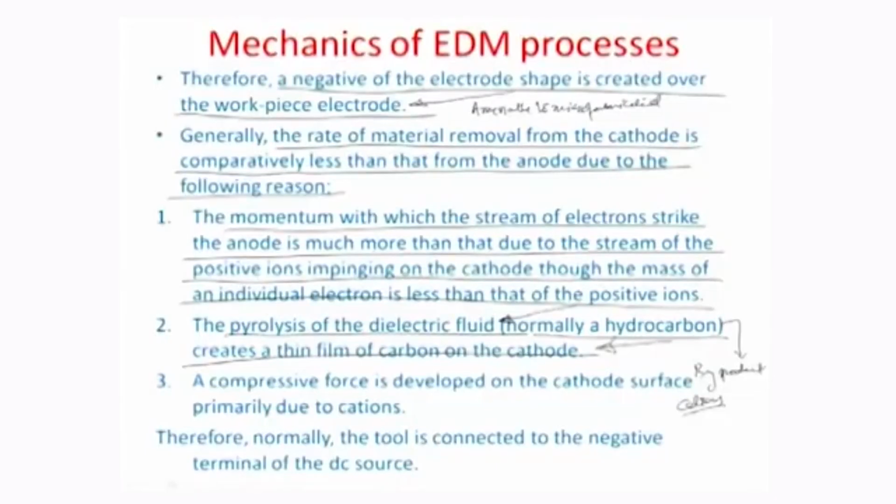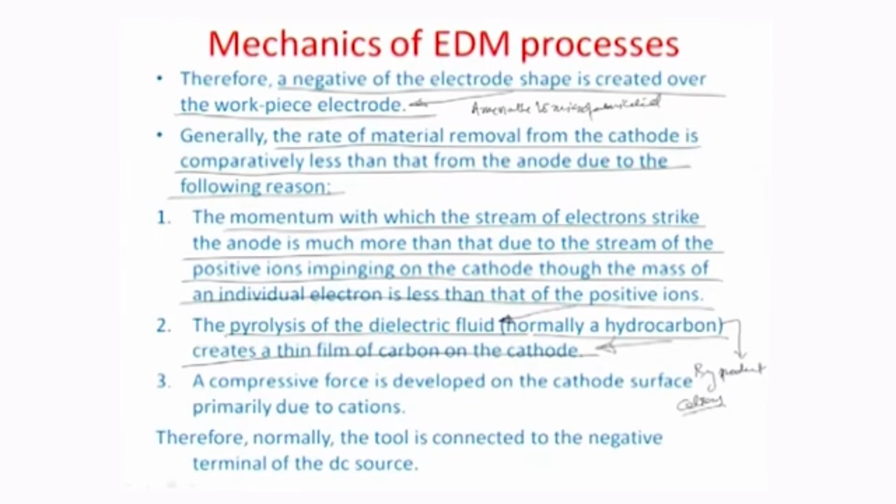And there is another reason apart from the pyrolysis and deposition of a film and the electron flux being greater than the ion flux, and the third reason is basically the compressive force that is typically developed on the cathode surface, primarily due to the cations. So when we are talking about cations in general, they are much heavier objects because of the atomic mass of the species which is present.